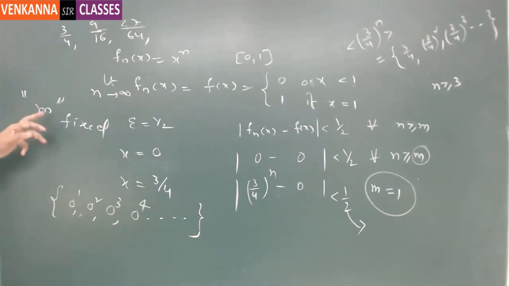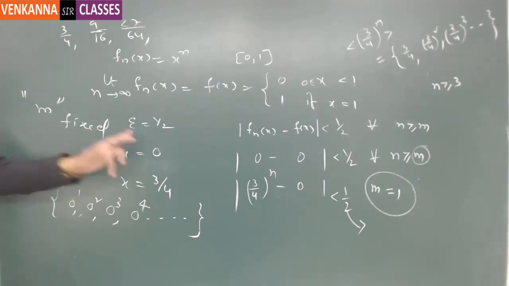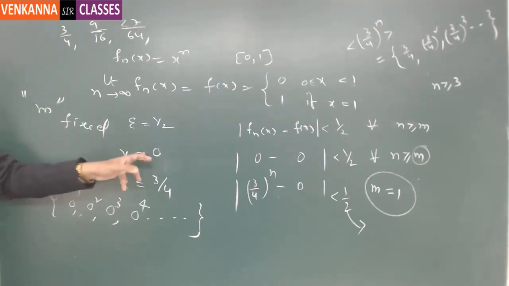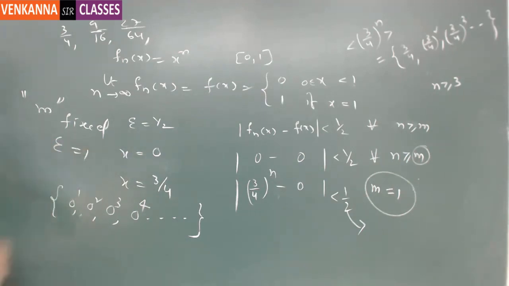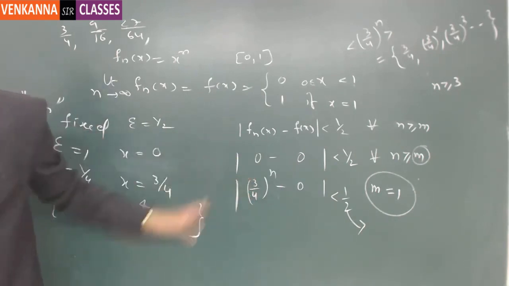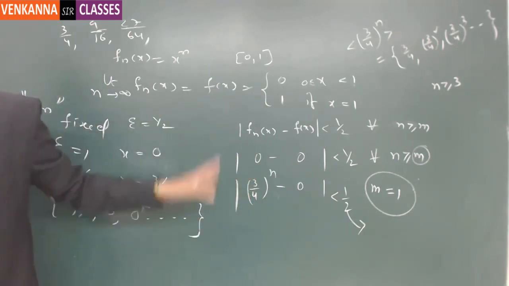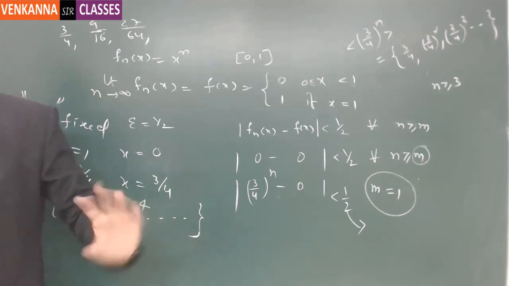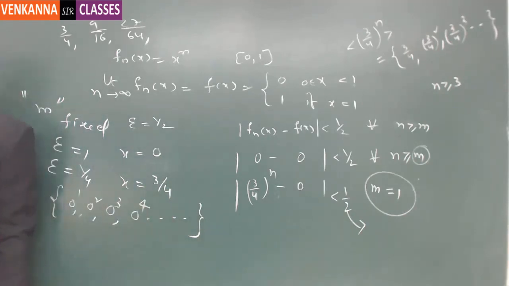So the term number m will change only if I change epsilon. If I take epsilon is equal to 1, m will change. If I take epsilon is equal to 1 by 4, m will change. But here it is not the case. The m value is changing for every x. Did you get the logic? The difference between pointwise convergence and uniform convergence? So this is the whole idea.